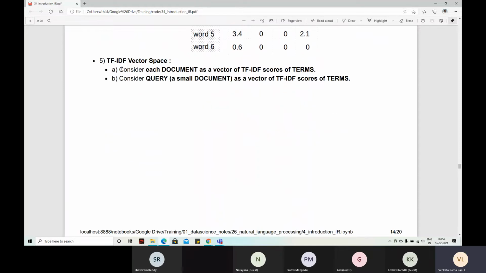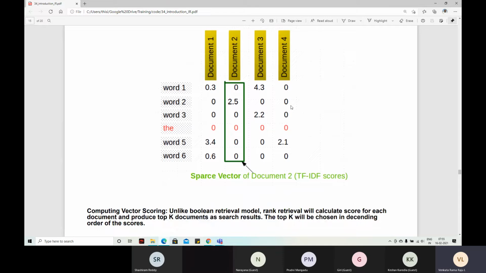So now I actually used some terminology here. Consider each document as a vector of TF-IDF scores of terms, right? Consider the query also a vector of TF-IDF scores, like this, right?